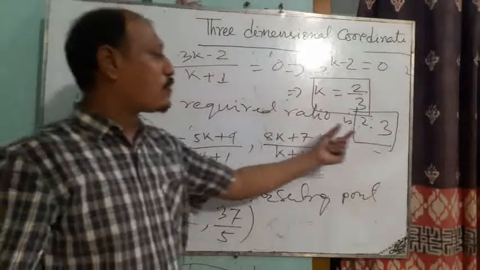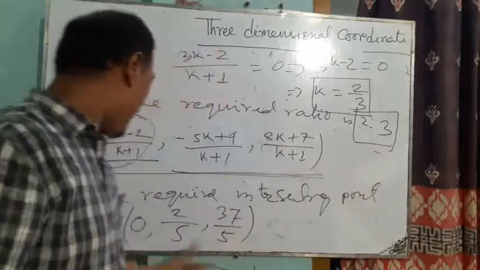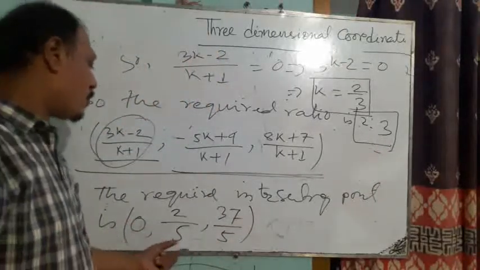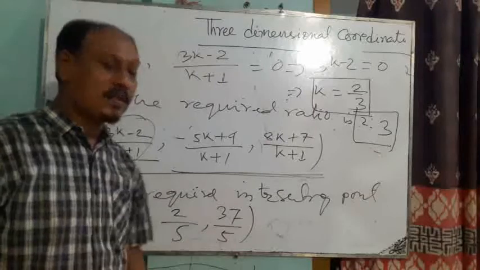The required ratio is 2:3 and the required point is (0, 2/5, 37/5).